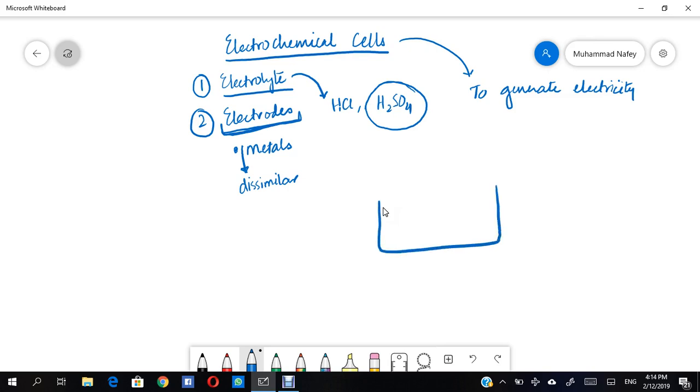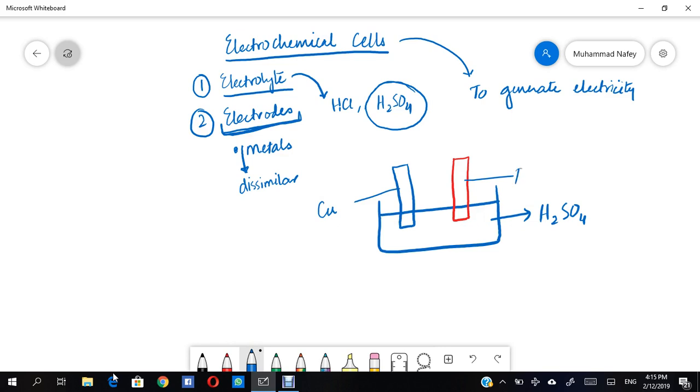So here's my container, which contains an acid, let's say sulfuric acid. And now come our electrodes. As I said, the electrodes would be dissimilar metals, and I'm showing those with different colors. Let's say this is copper, and this one is iron.